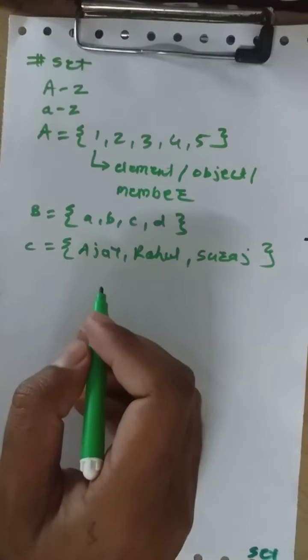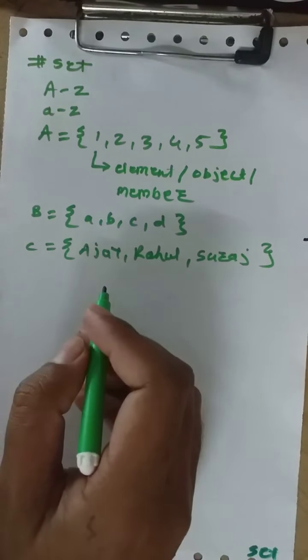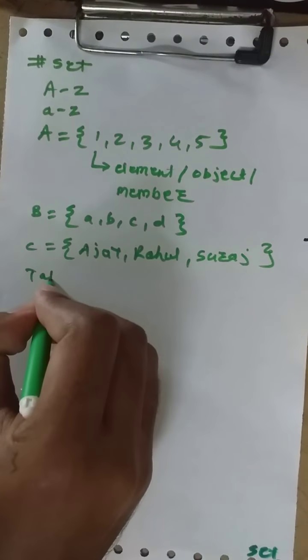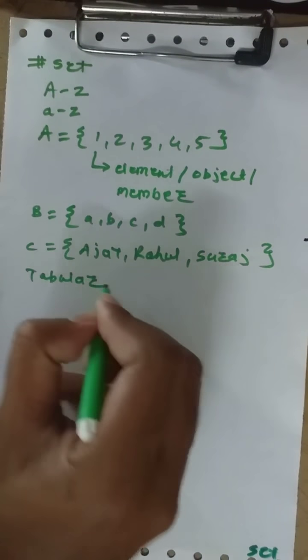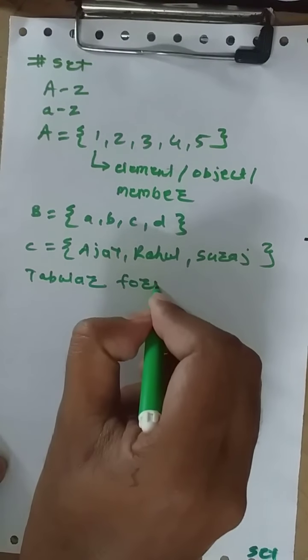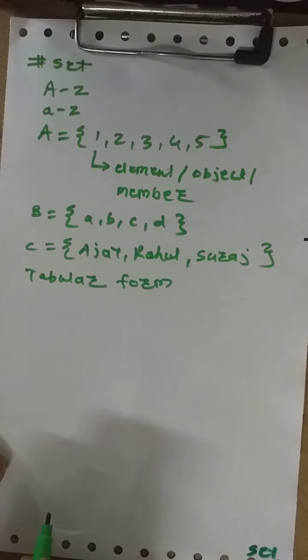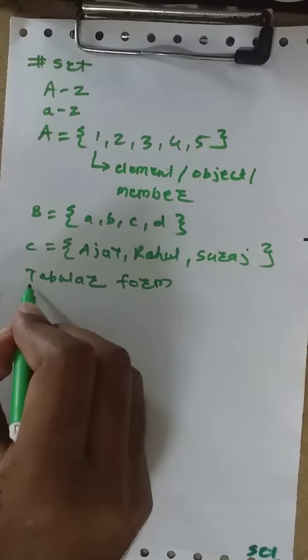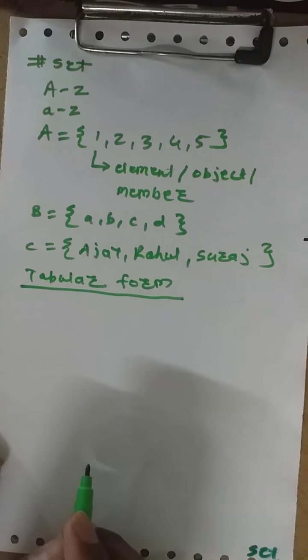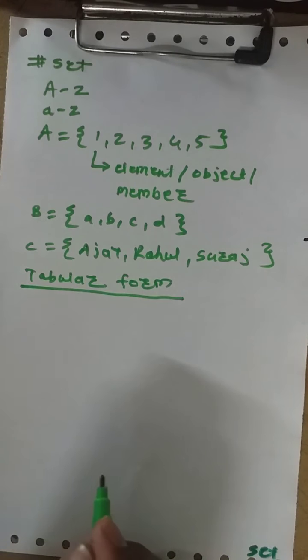So this type of representation is called tabular form. This is called the tabular form of representation.